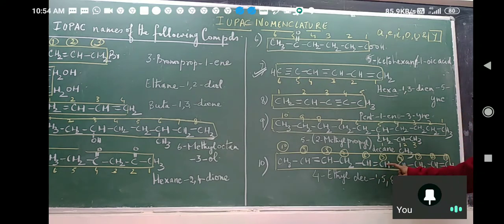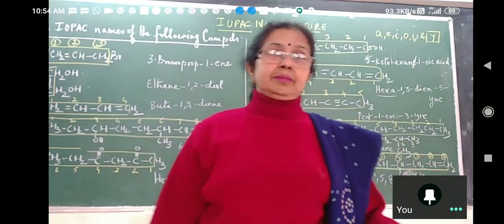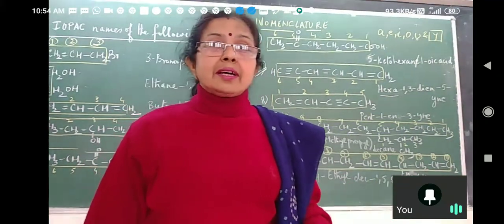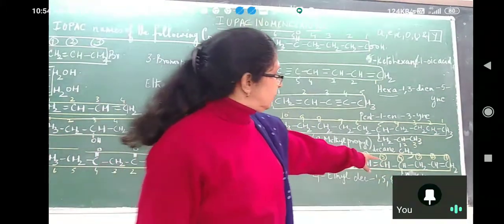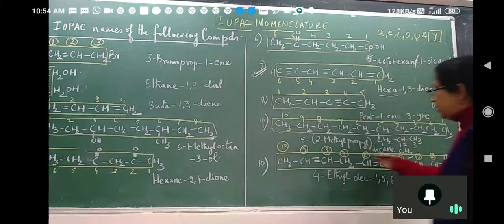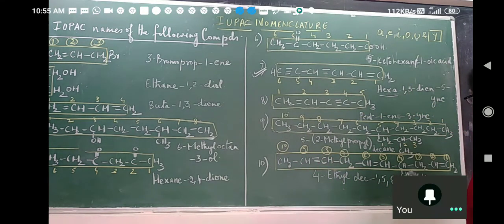6, 7, 8, 9. 7 plus 9 is how much? 16. So which is lesser? 14 was coming from the right hand side. That's why I have numbered from the right hand side.